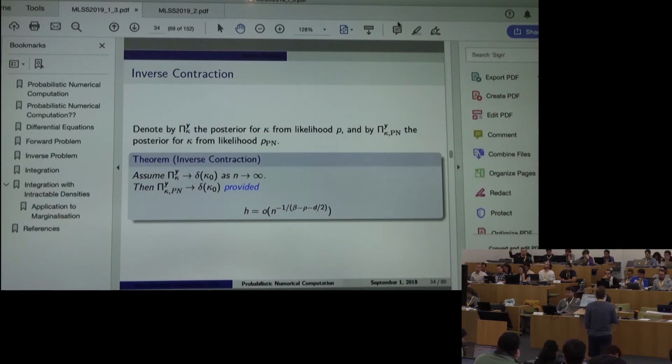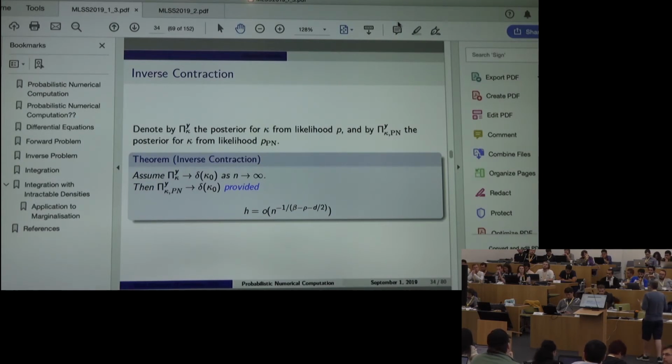We know that as we gather more data, the posterior for kappa given y, where we are not taking into account any uncertainty associated with u, so we're saying that u is given, will converge to a Dirac around the true generating kappa value, if there is such a thing as a true generating kappa value.